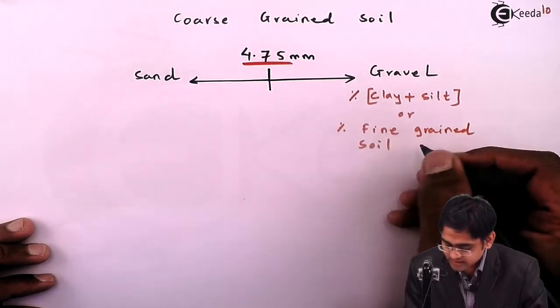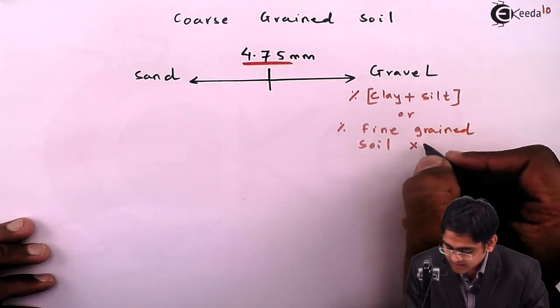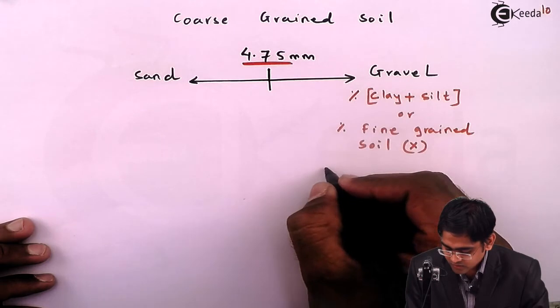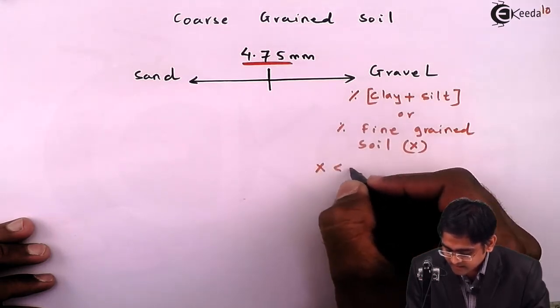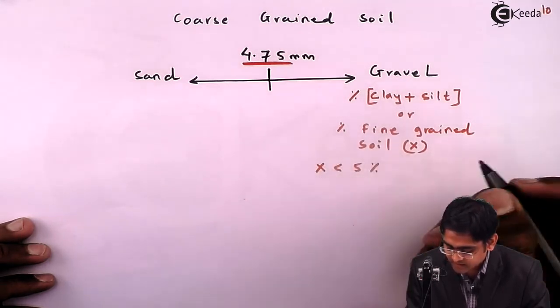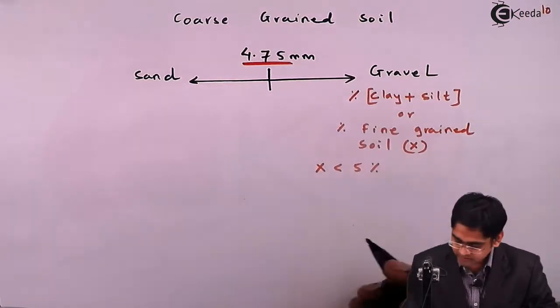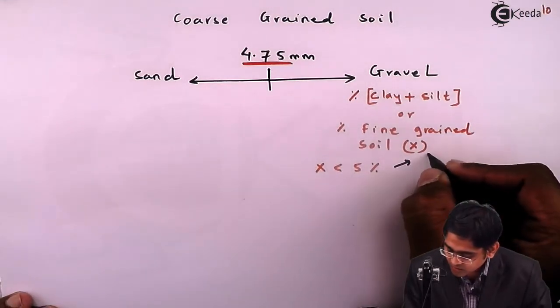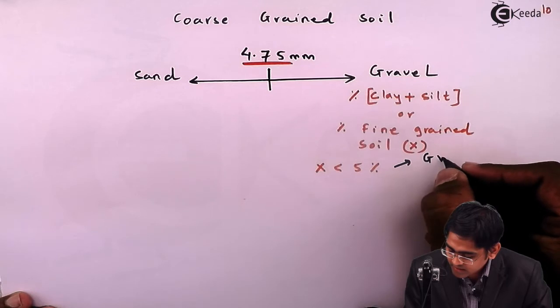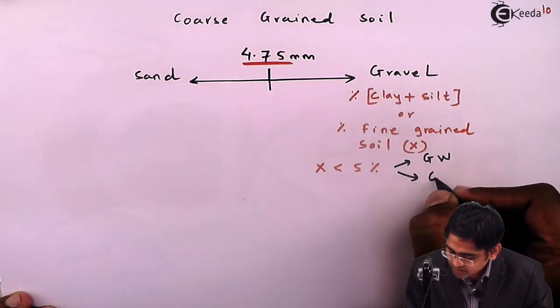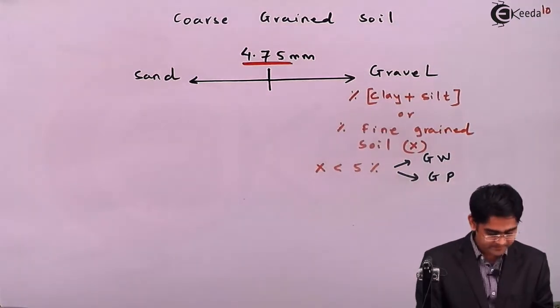I will call it X. If X is less than 5%, then you give the symbol for the soil like well graded gravel or poorly graded gravel.